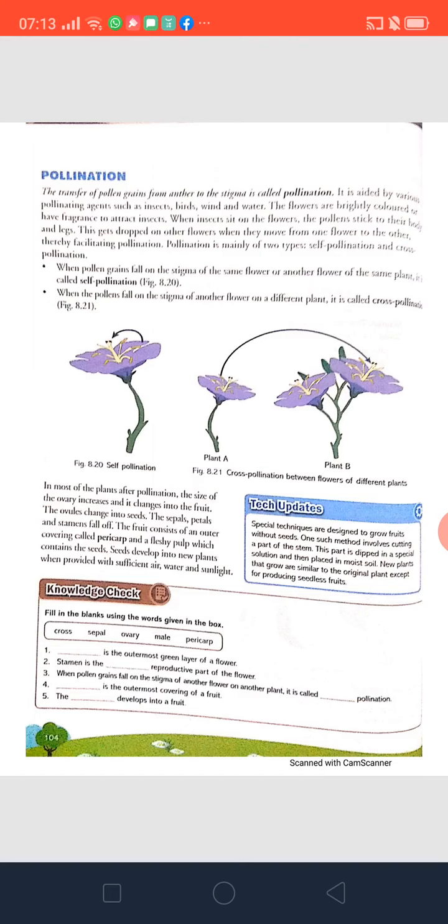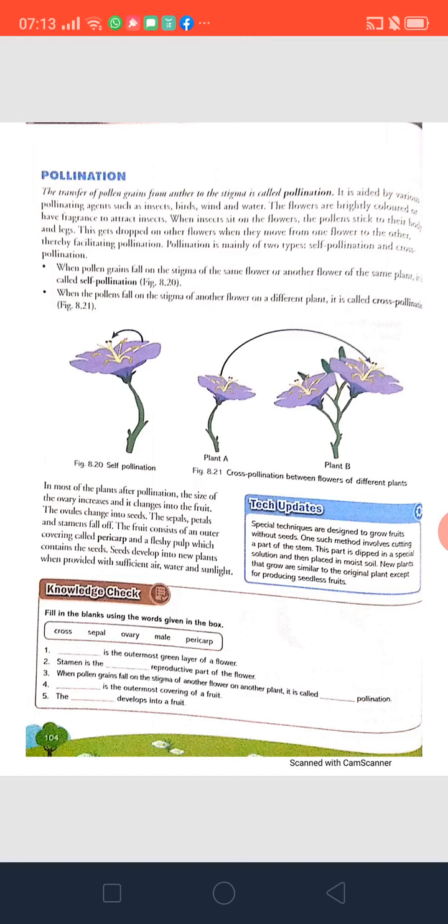Beta, what happens when the wind blows? In some flowers, pollen grains are very light, and because they are very light, they are very easily blown away by the wind. And when they are blown away, what happens?